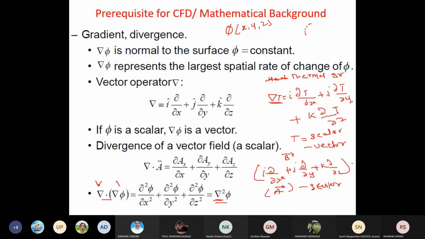When we take the dot product of this, you will get a scalar, and that is known as the Laplacian operator, del square. The Laplacian equation is a well-known equation in heat transfer and fluid dynamics. It is also known as the divergence of the gradient of phi. Here phi is a scalar.